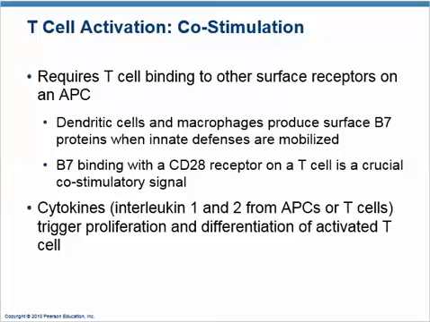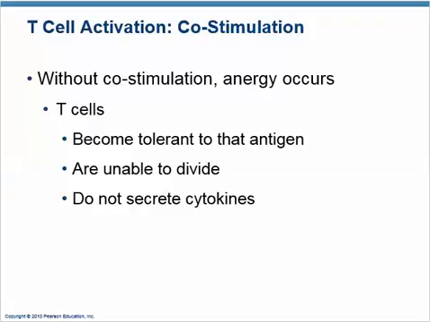The helper Ts are, at least. And they do it with either proteins that are on the antigen presenting cell or cytokines. Cytokines means cell movers. They're like local hormones almost, interleukins between white cells. So you need to have this co-stimulation to have it happen.